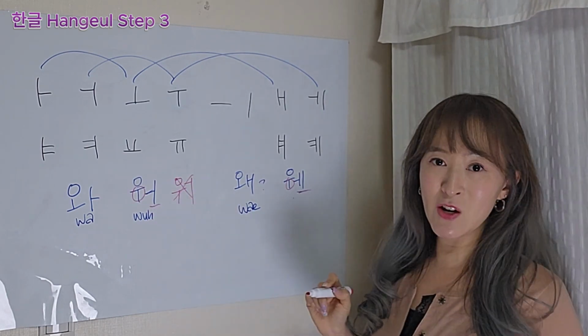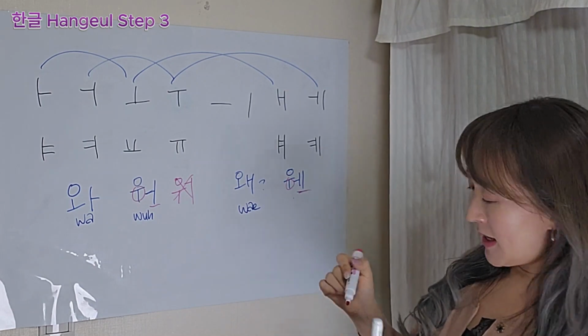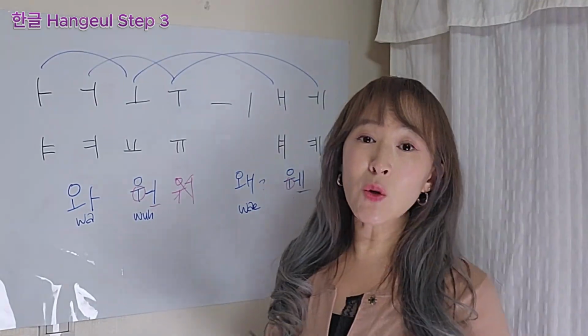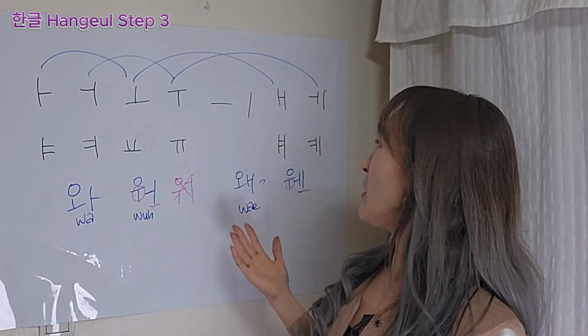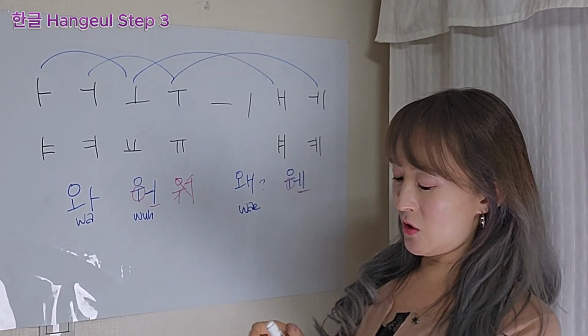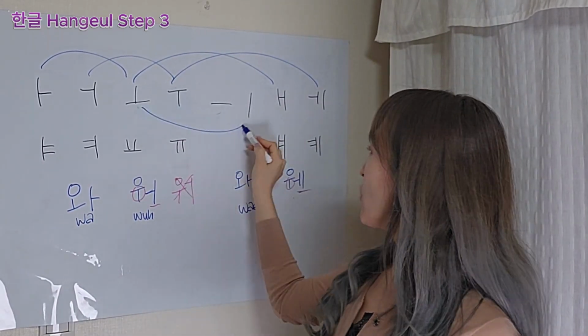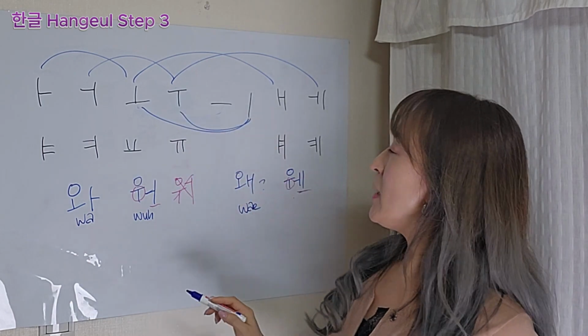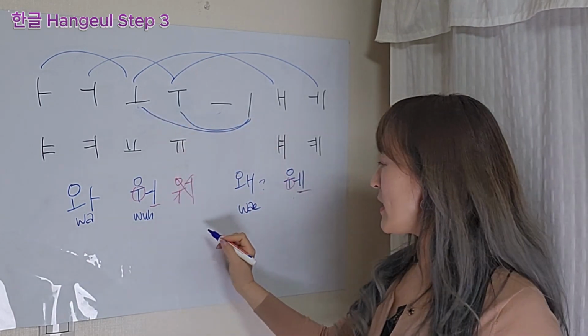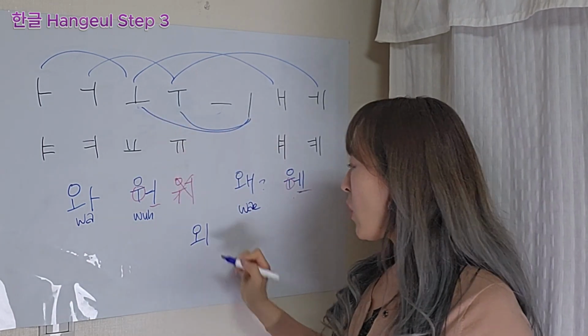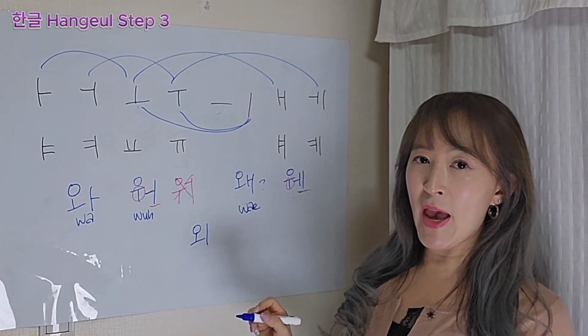Okay, so same here. All right, and then the next one we will look at is actually combined with this E here. And which are these two? So this one and this one. So with O, it's we.